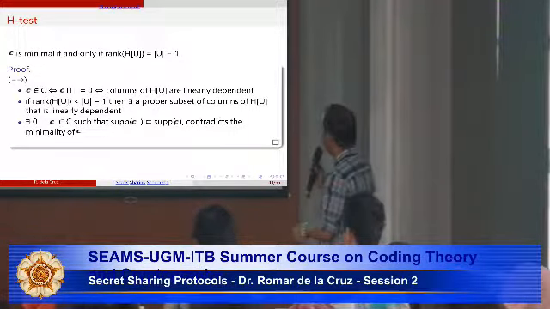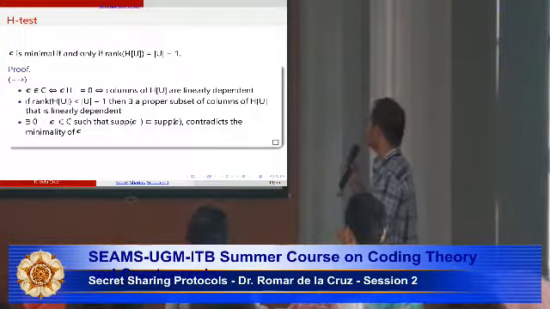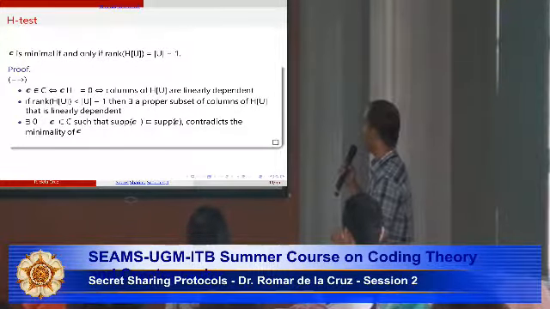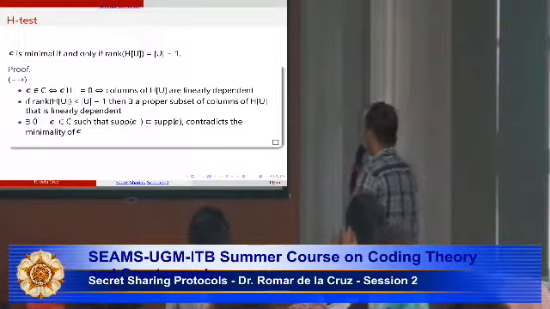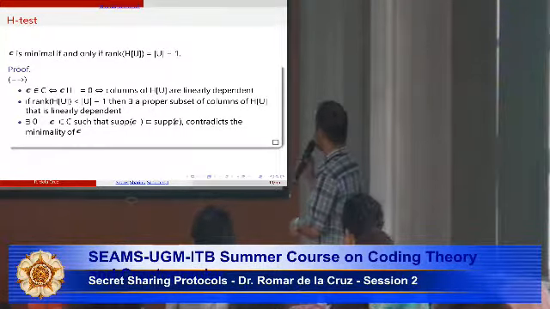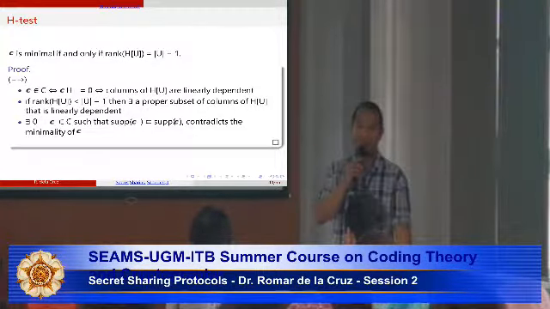Now, if the rank of this matrix is less than the size of U minus 1, it implies that there exists a proper subset of columns of this matrix that is linearly dependent.